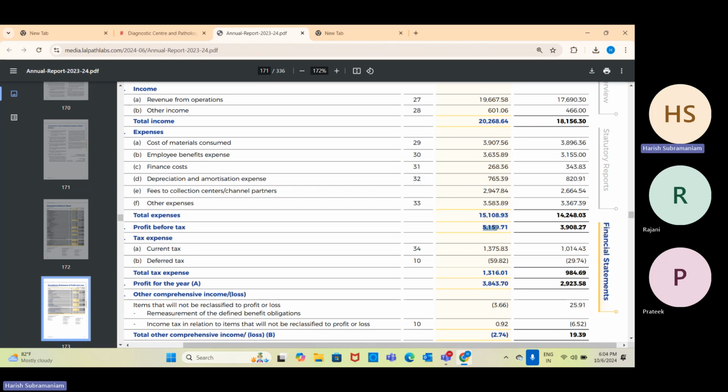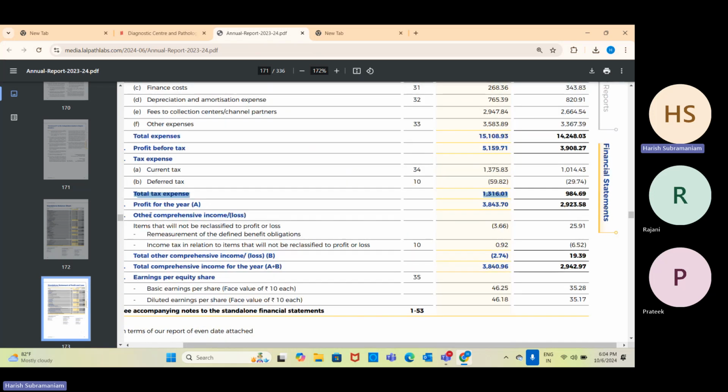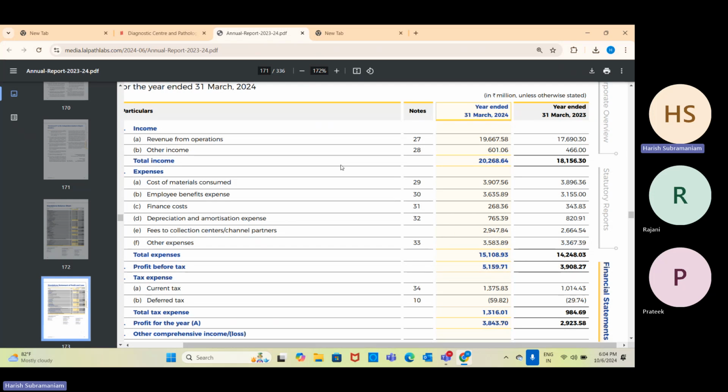And then we see this is their profit before tax, and then they have paid some tax, and then they have total tax expense. And then we see this is their profit for the year. And then they have some other sort of income, etc., losses, etc., whatnot. And then they have total comprehensive income for this particular year.